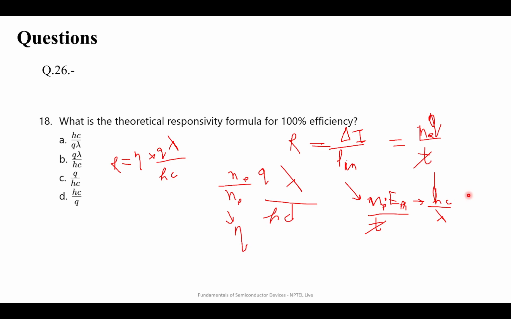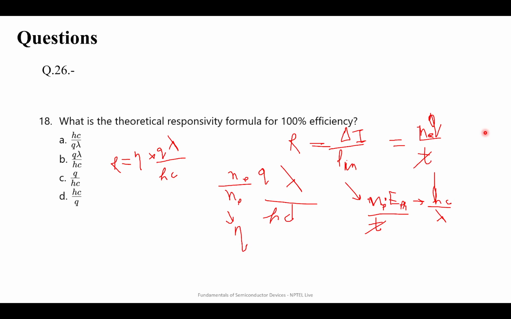Yes, sir. So what will your delta I be? That is the change in charge upon time. So what will the change in charge be? That is the charge generated by the electron hole pairs, right? So that is given by N e q. Q is the charge of a single electron, and N e is the number of output electrons.